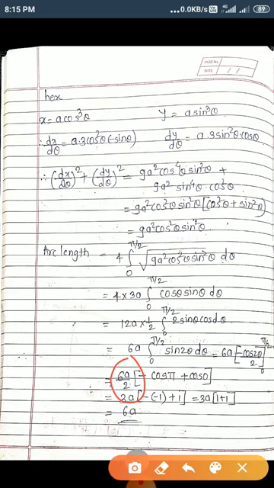Here 12a upon 2. Now putting the upper and lower limits, here is minus cos pi plus cos 0. Now minus cos pi is minus minus 1, so that's plus 1. It becomes 1 plus 1, that is 2. So 3a into 2, we get 6a.